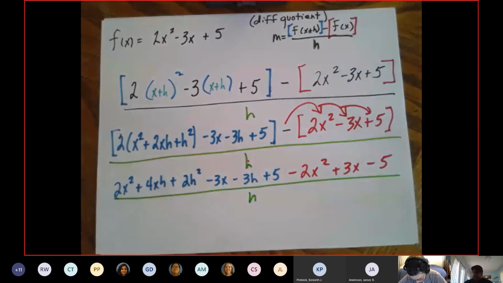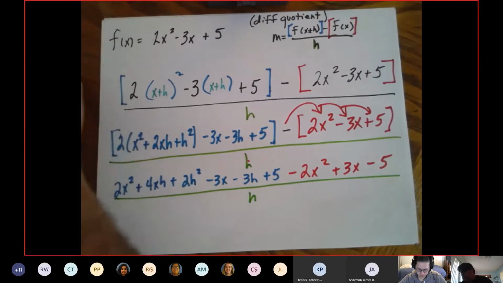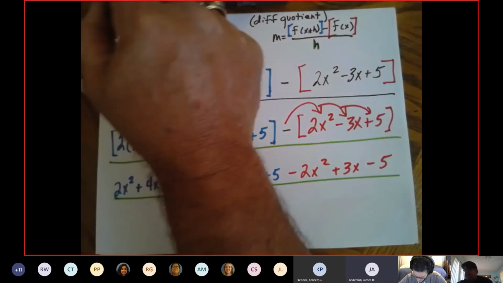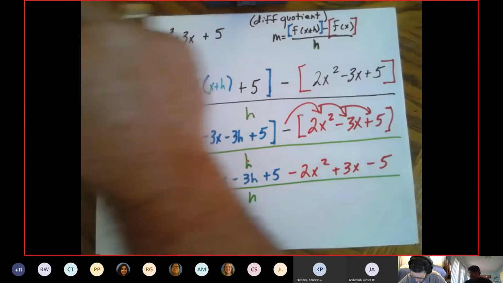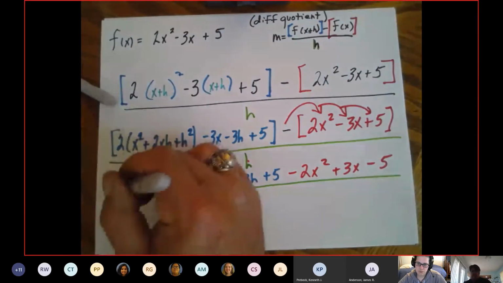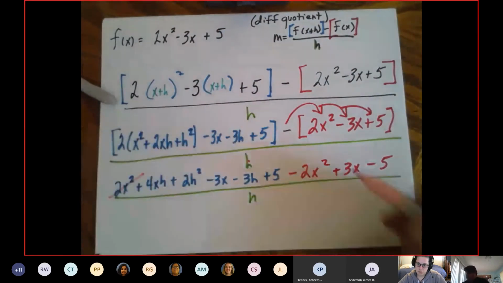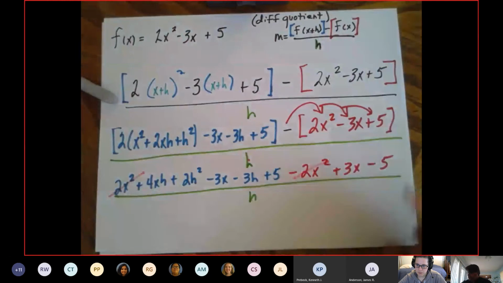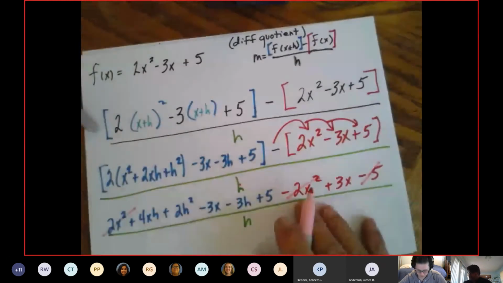And now let's take our pink pen. Where's my pink pen? I done lost my pink pen. There it is. 2x squared cancels with that 2x squared. The 5 cancels with the 5.